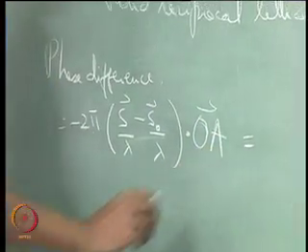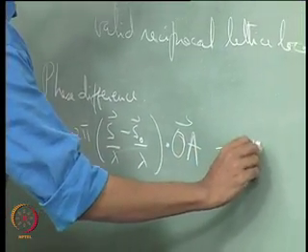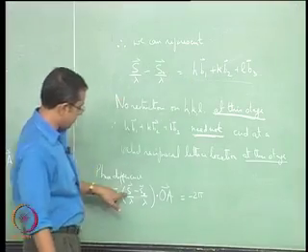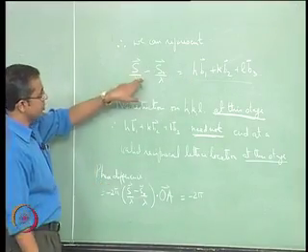Therefore this is equal to minus 2 pi, s by lambda minus s naught by lambda is what this quantity is.